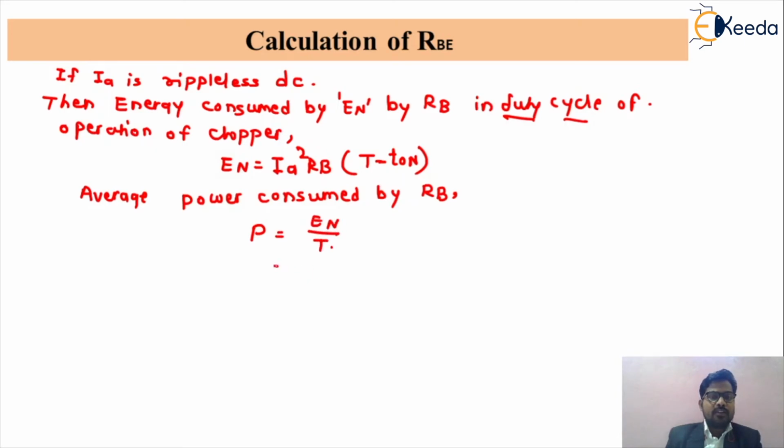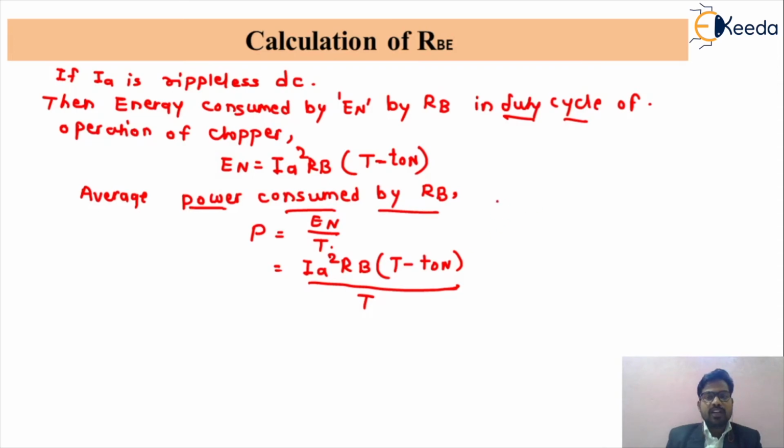We have the value of En, so we can substitute it into that equation: Ia square Rb times (T minus T on), divided by T. As we know, (T minus T on) divided by T is the duty ratio, which we call del. So we can get the value of P.